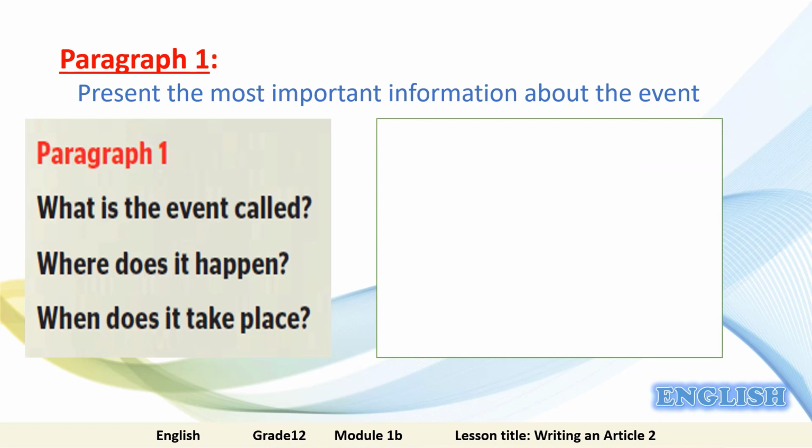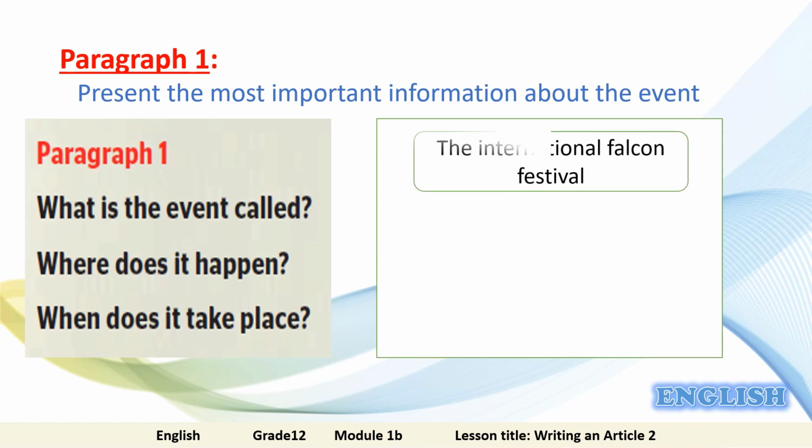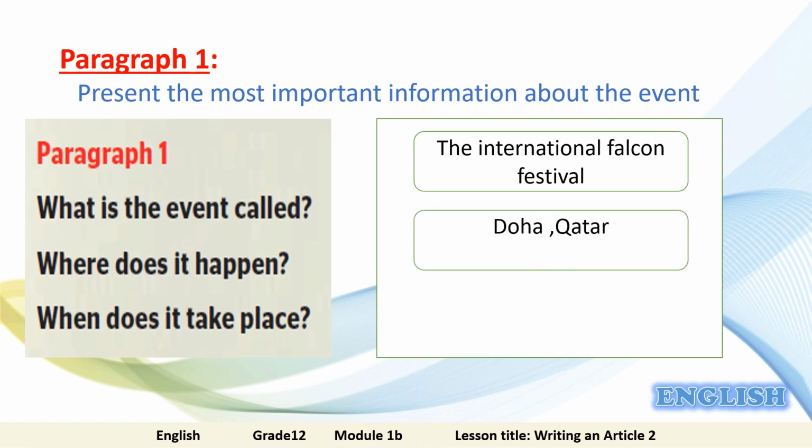We're talking about the Marmy Championship, which is the International Falcon Festival. Where does it happen? We're asking about the whereabouts here. Doha, Qatar. When does it take place? The time? It takes place every year.